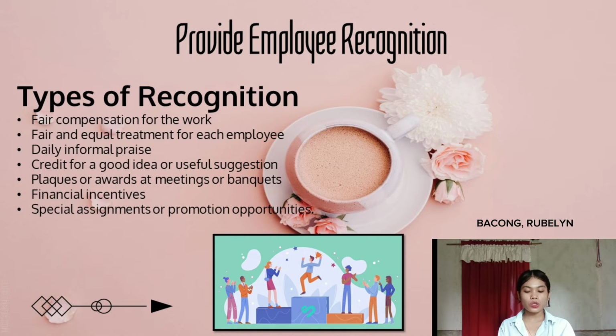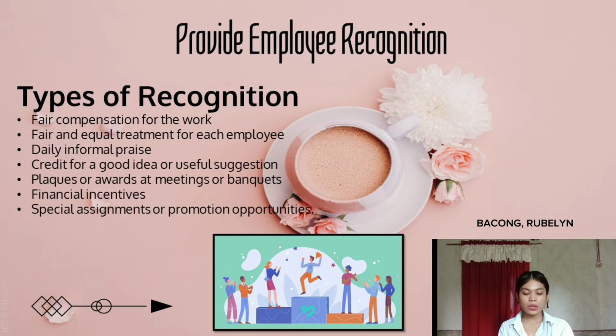This ensures that the employee's rights are being respected and that each employee is given individualized treatment. The third one is daily informal praise, which is showing appreciation immediately with words when someone meets a goal or objective, or does something admirable or goes above and beyond.